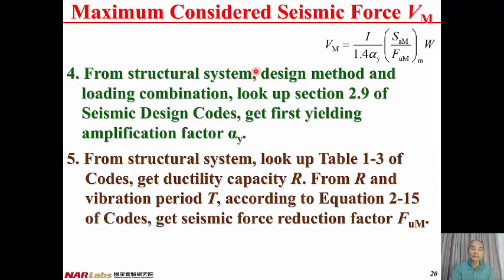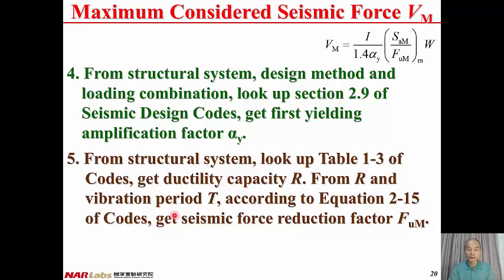And then we move on to step 4, from structural system, design method, and loading combination, we can look up section 2.9 of the Seismic Design Code to get first yielding amplification factor alpha Y. And then step 5, from the structural system, look up table 1-3 of the Seismic Design Code, we can get the ductility capacity R.